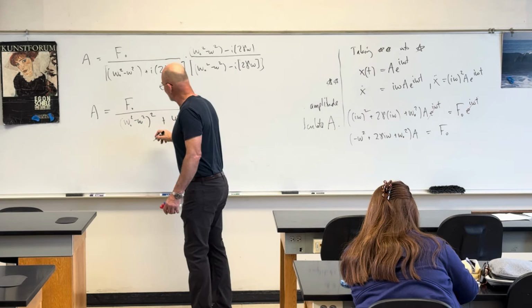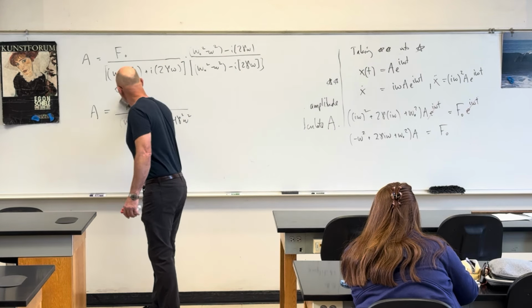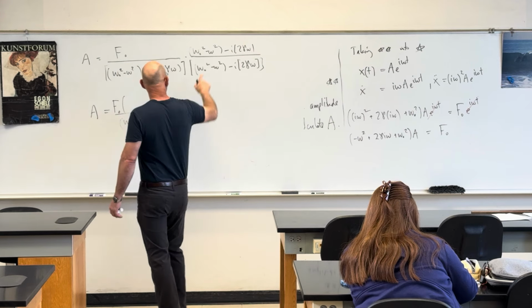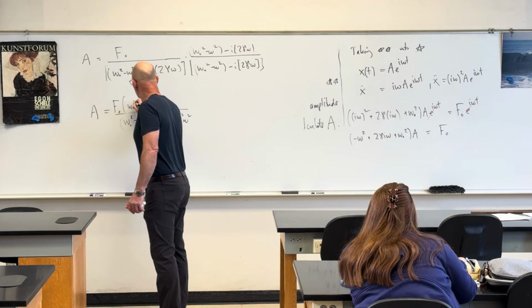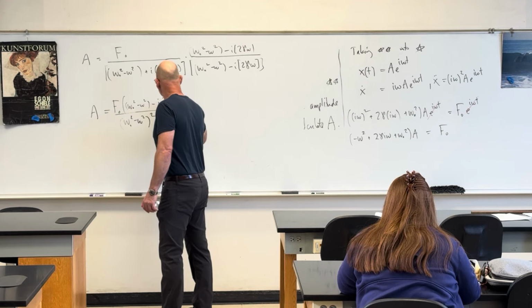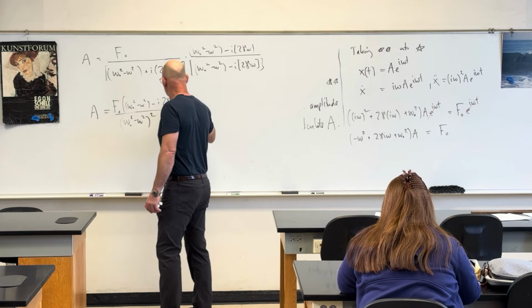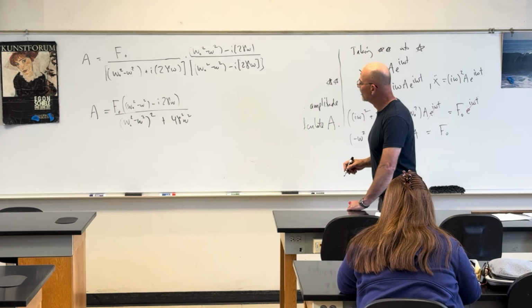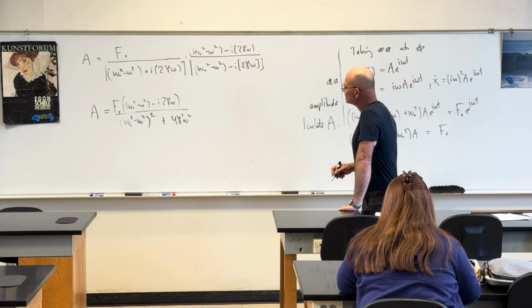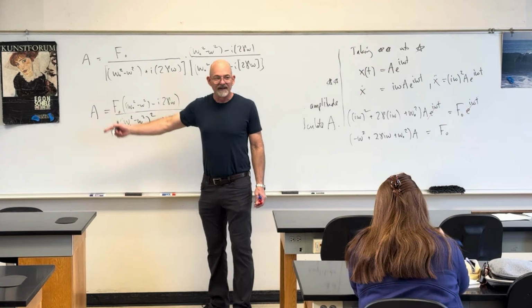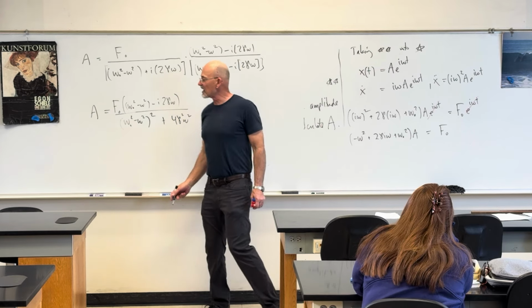And in the numerator, we have what was up there, omega naught squared minus omega squared minus i times 2 gamma omega. That's as far as I'm going to get for today. Let's see if we can say a word or two about this. So right now, the amplitude is explicitly the complex number that we were talking about.